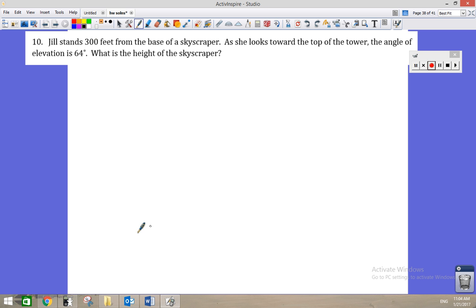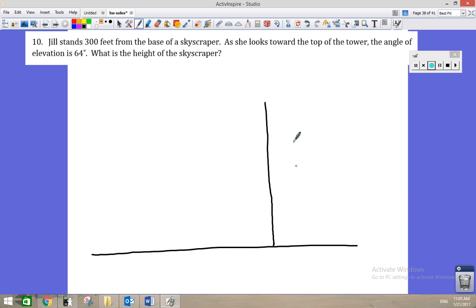So let's make a sketch real quick. We have some skyscraper, maybe it's Trump Towers in New York, I don't know.